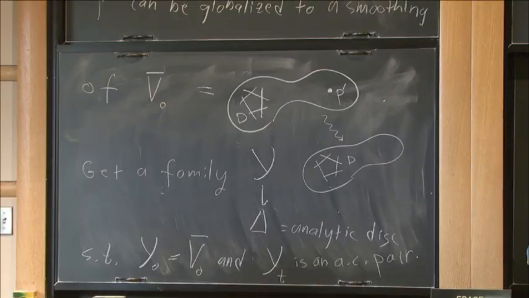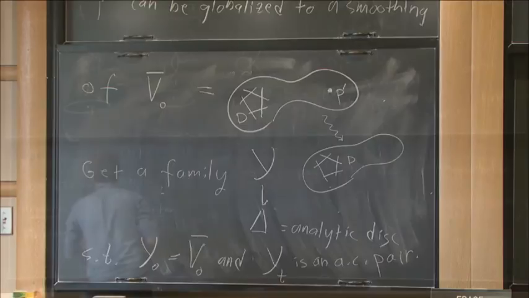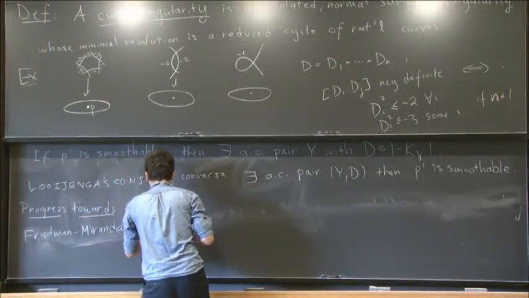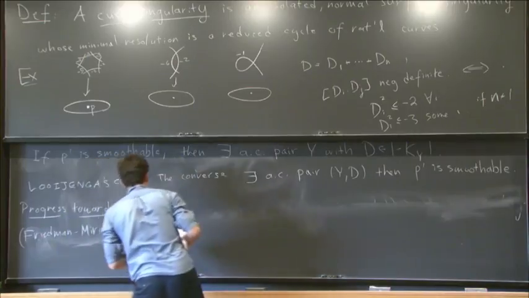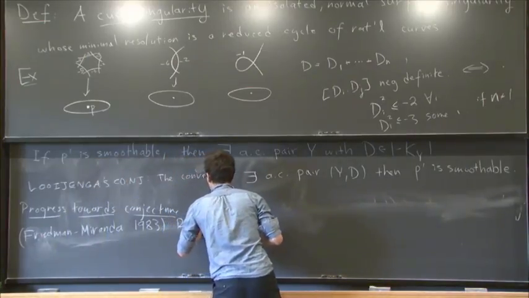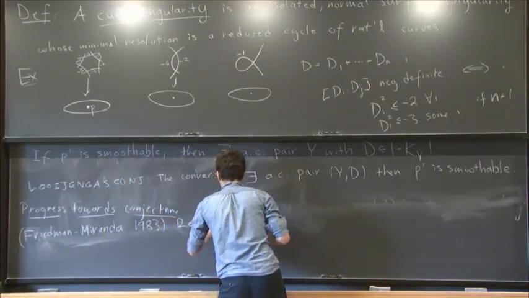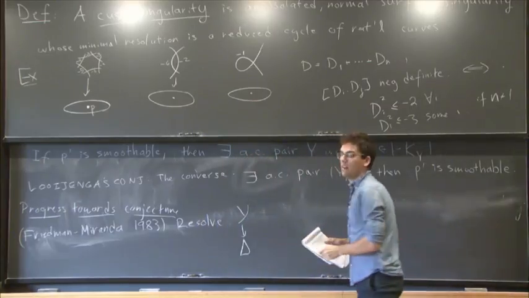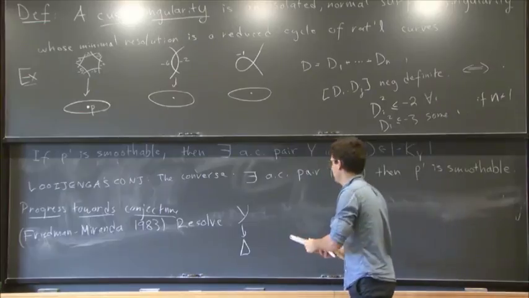An approach taken by Friedman and Miranda in 1983 was to resolve the threefold Y over delta.